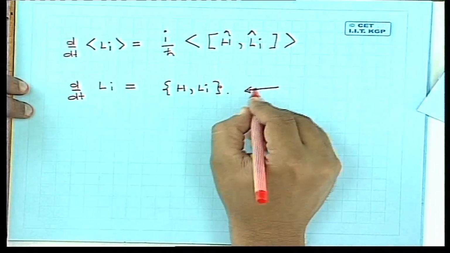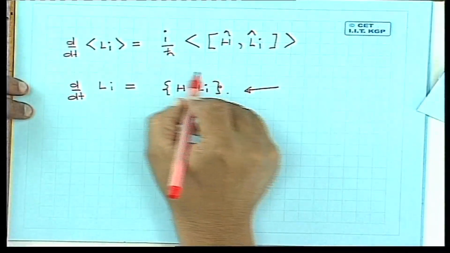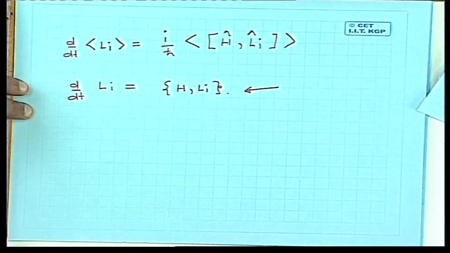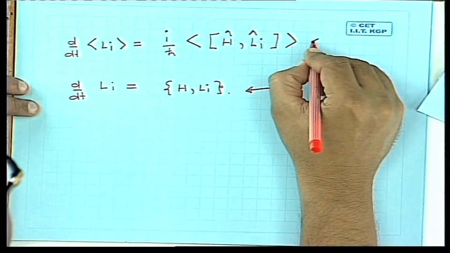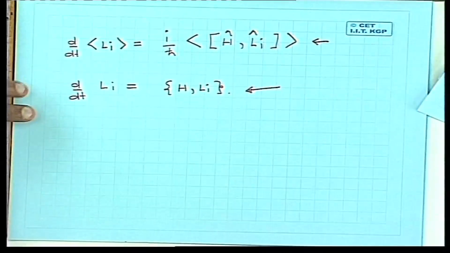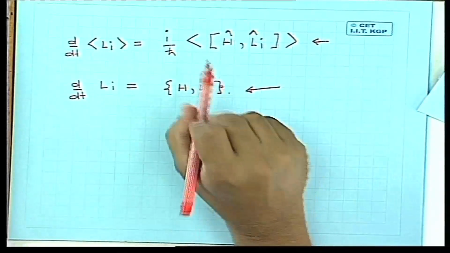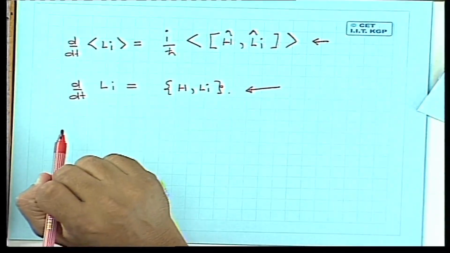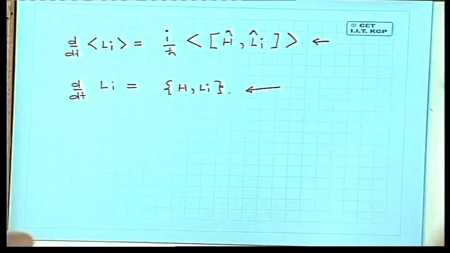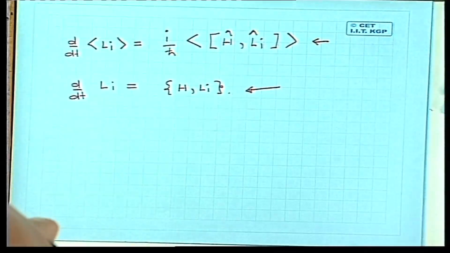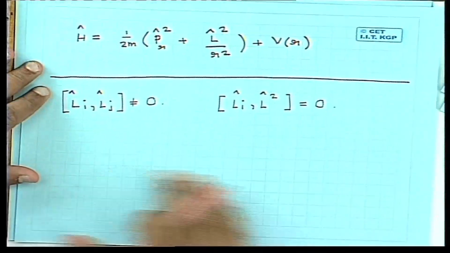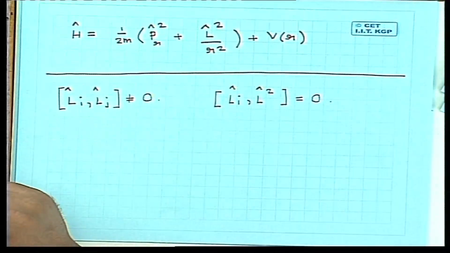Okay, so let us not bother about this, since you might not have encountered the Poisson bracket till now, but let us work with this. So this tells us how the expectation value of the angular momentum operator evolves with time. Now for a spherically symmetric potential, the Hamiltonian is given by this.